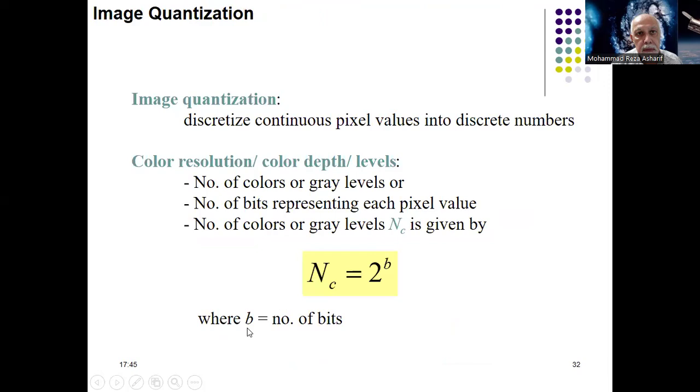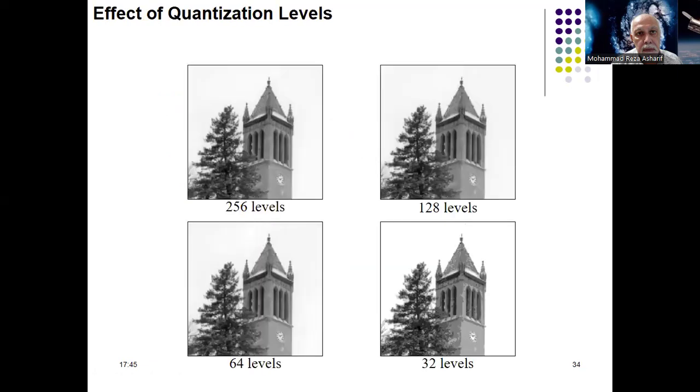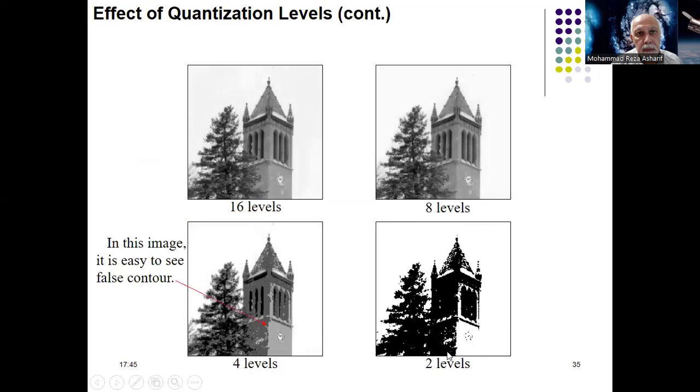So in the next number 5, I will explain these two effects of quantization and sampling, where the number of bits per pixel is the same, but the effect is different. For instance, this is the level of 256 quantization. This is 32 quantization. We can see false contouring here because of low digitization of the sample here.